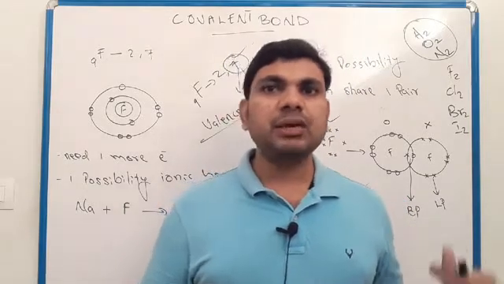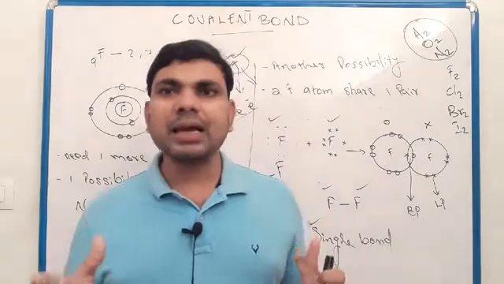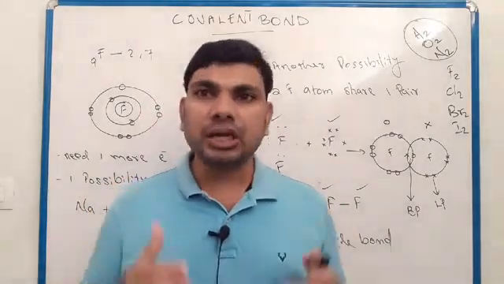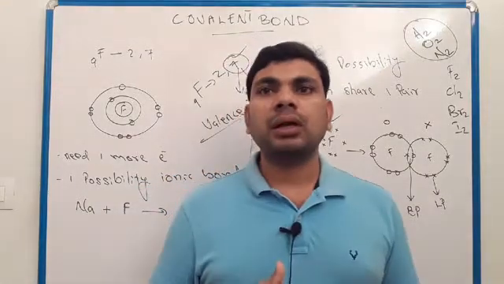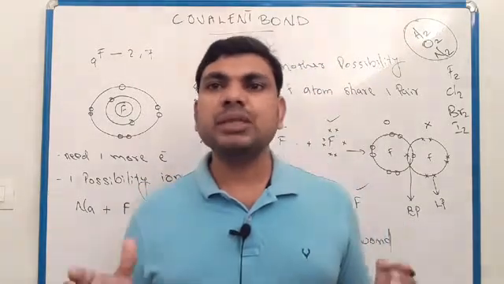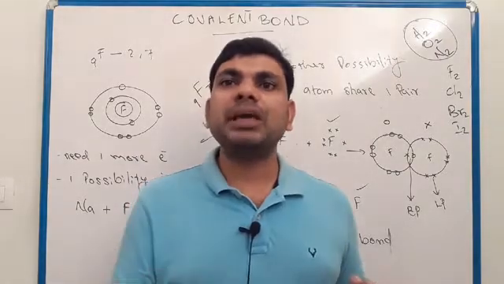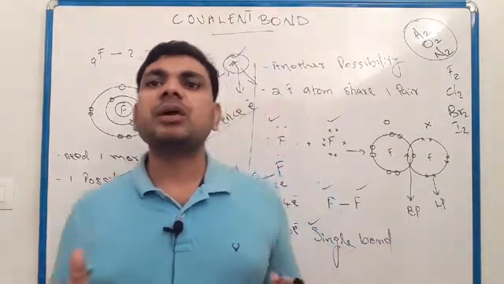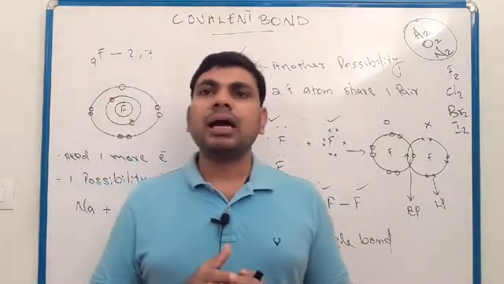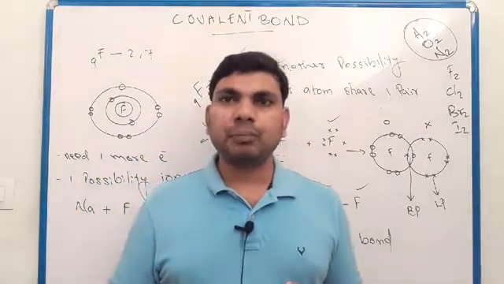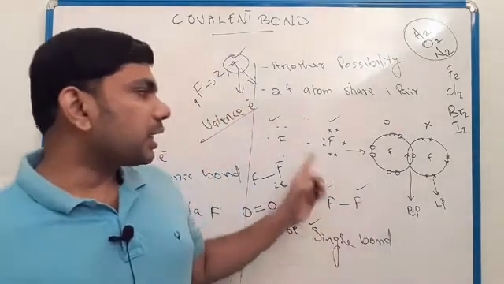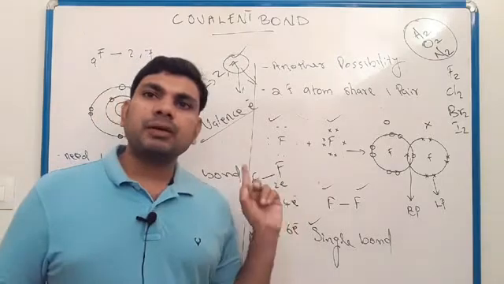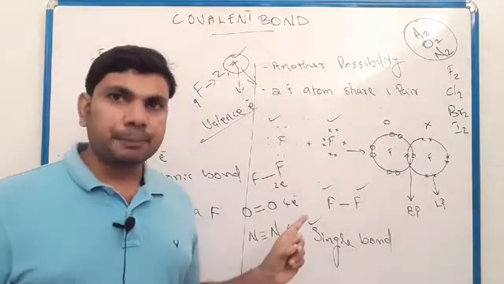The second possibility we discussed is that two fluorine atoms react together, sharing one pair of electrons, because both fluorine atoms need one more electron to complete their outer shell. So two fluorine atoms share one pair of electrons and they attain stability. If they share one pair of electrons, we represent it as fluorine single bond fluorine.